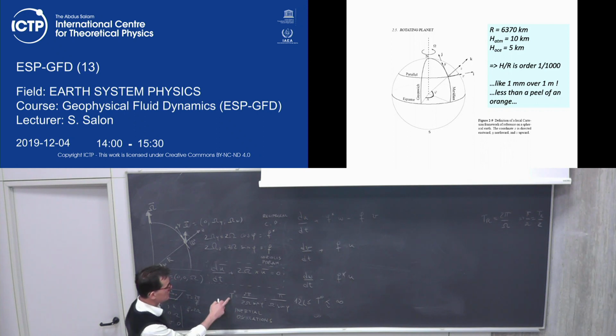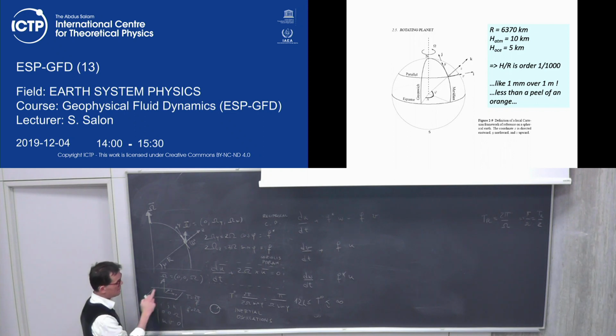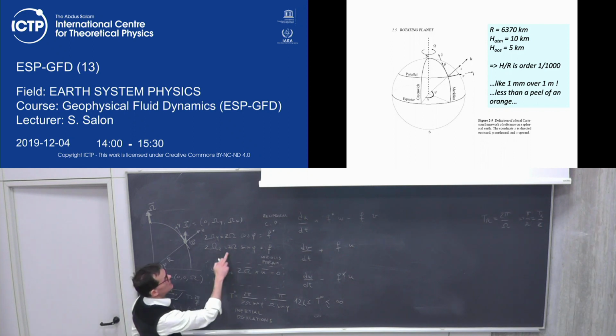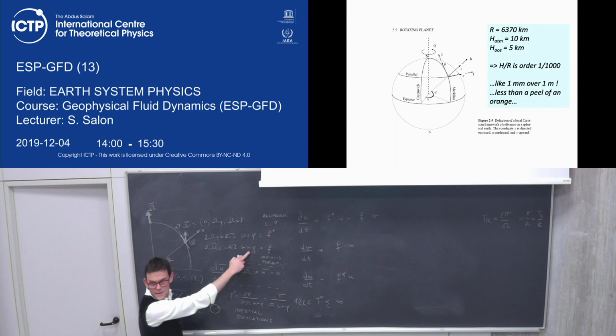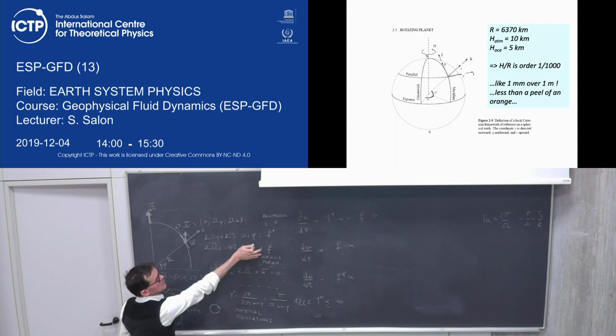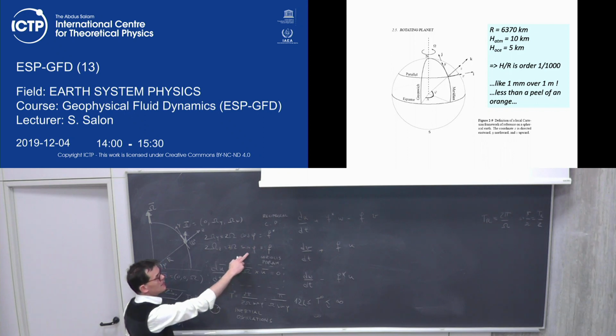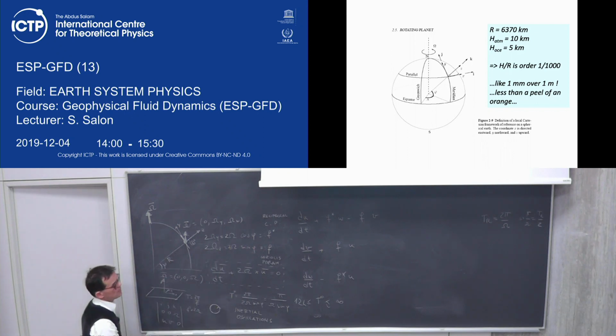Okay. So this is exactly what we did before for the simple case of the rotating table. The only difference is that f here now is 2 omega sin phi. Before we just had 2 omega. Now we have the dependence on the latitude. So the period is dependent on the latitude.